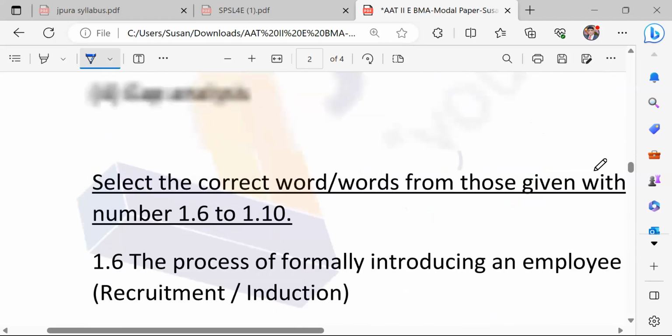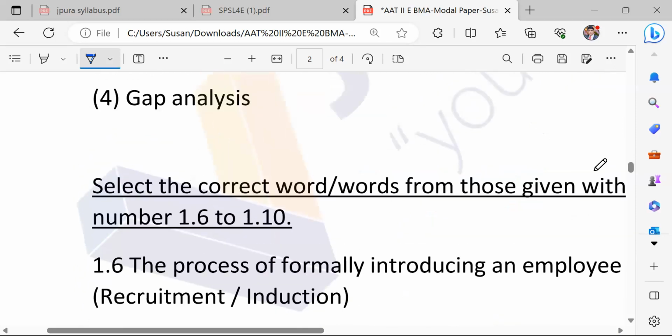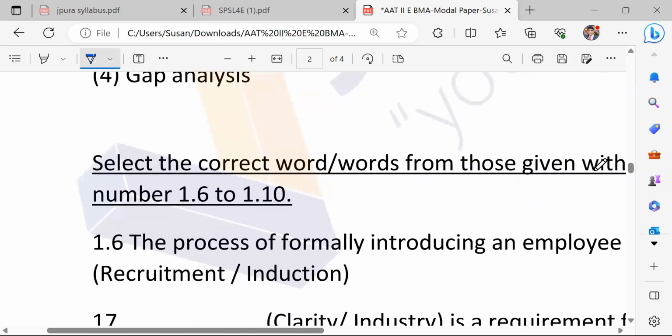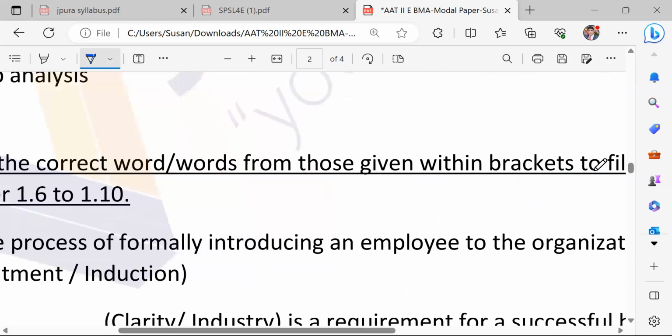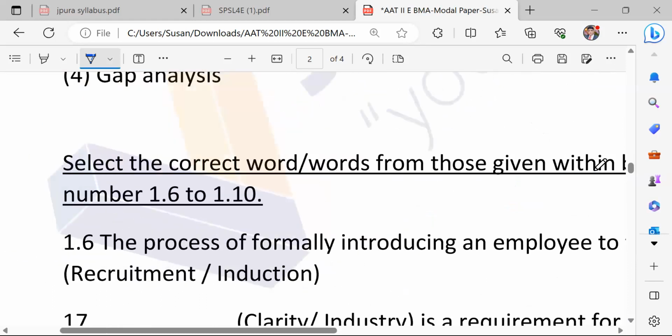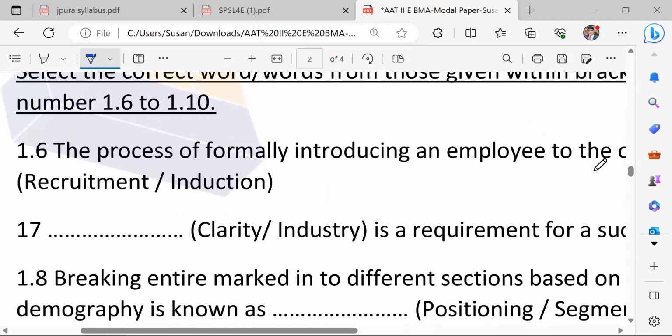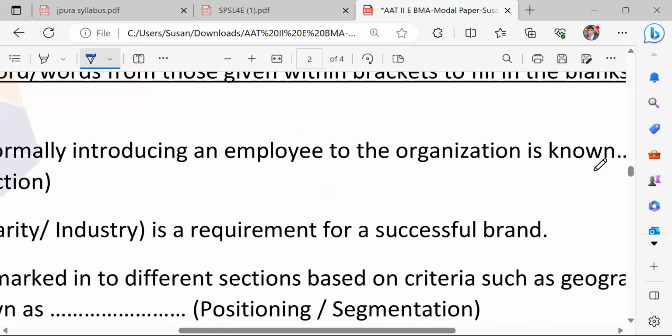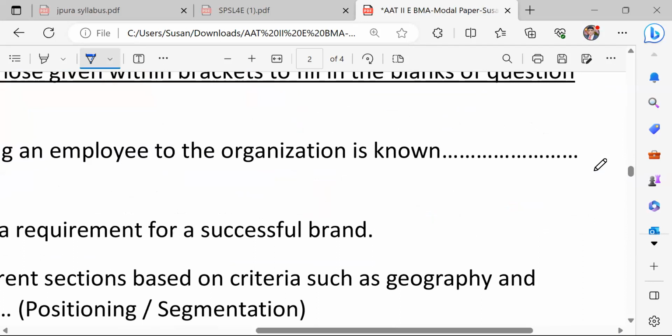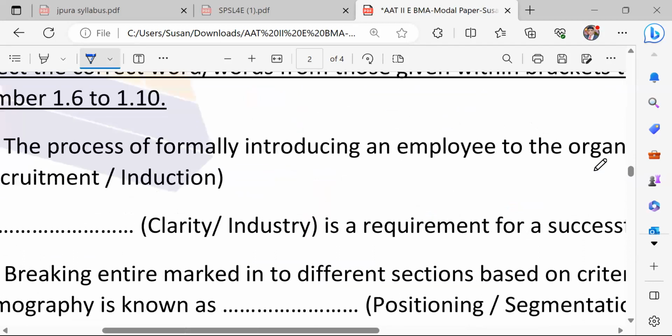Those are all 5 questions. Now MCQs: select the correct word or words from those given within the brackets. 1.6, the process of formally introducing an employee to the organization is known as, this is in human resource management, HRM.